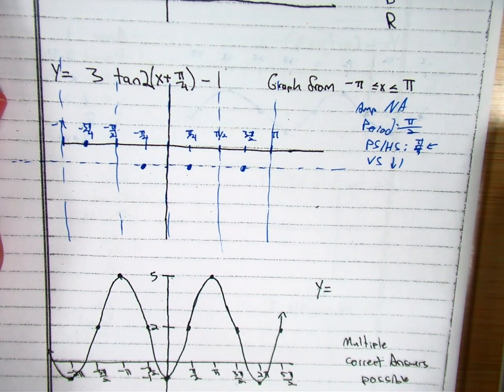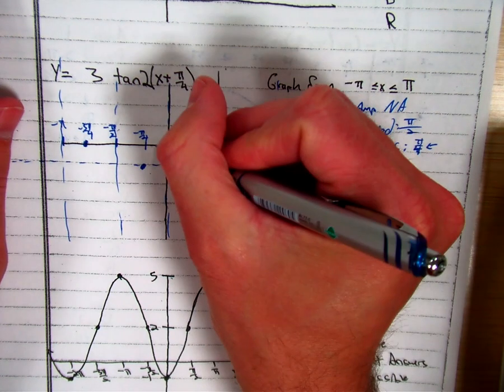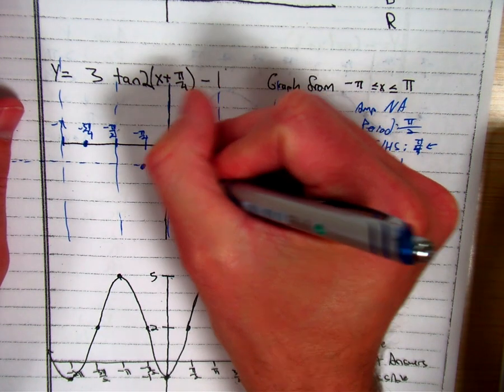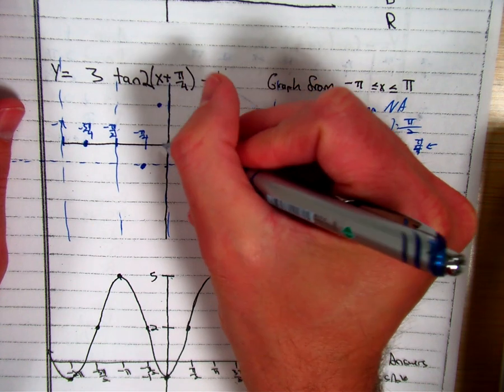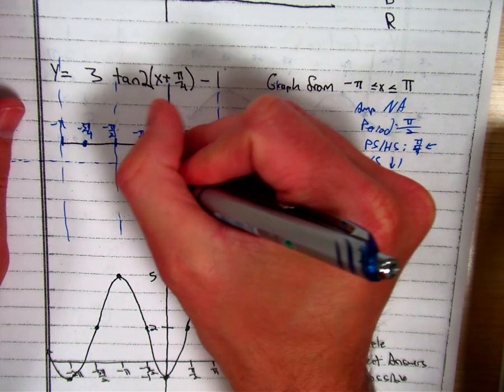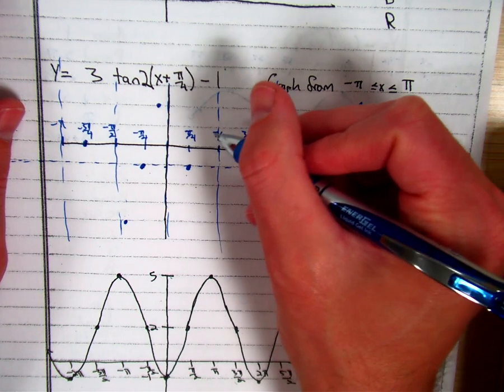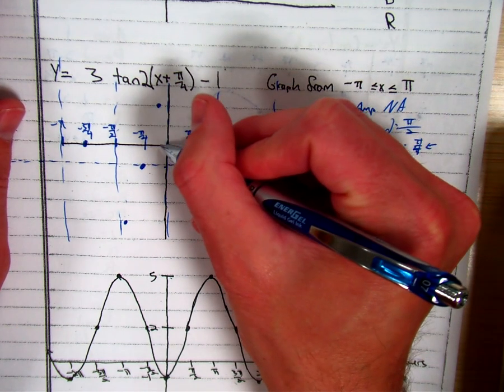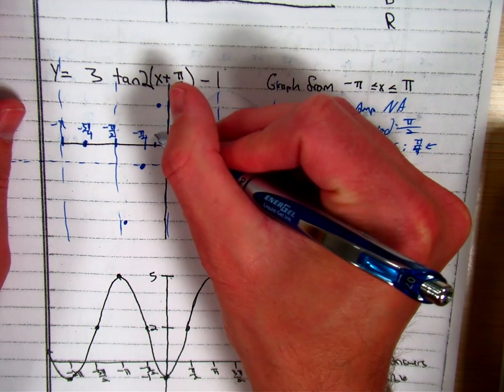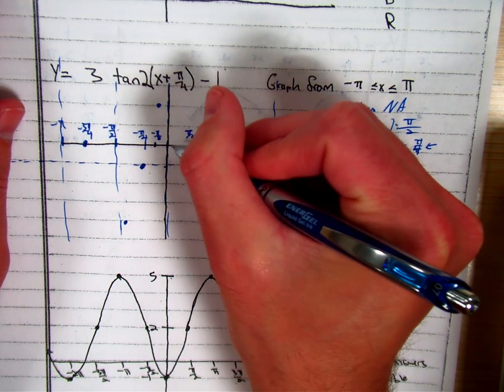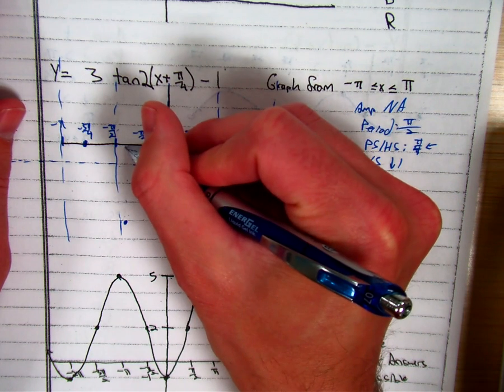Okay, now to fill these in, halfway in between, we should be up 3, 1, 2, 3, and halfway in between, we should be down 3 from our midline here, 1, 2, 3. Halfway between 0 and pi over 4 is going to be negative pi over 8. 2 pi over 8 is going to be negative 3 pi over 8.